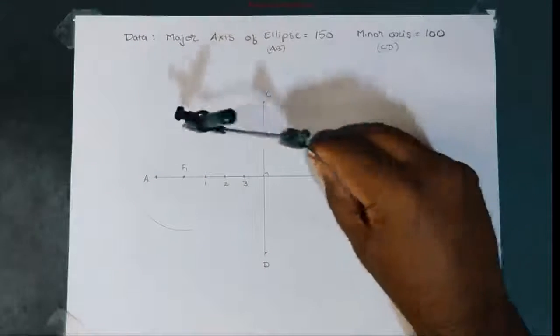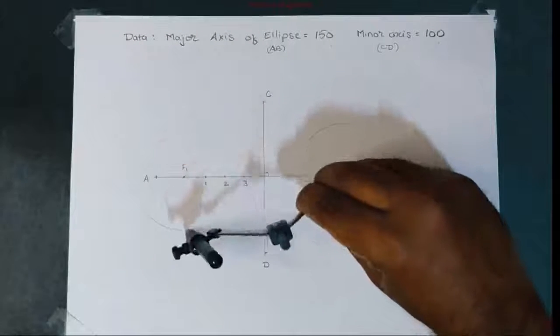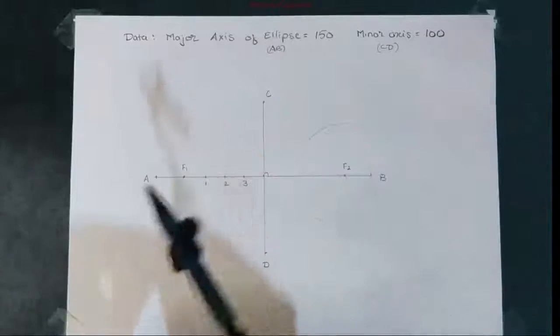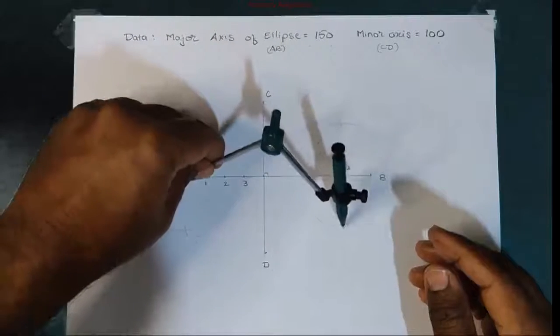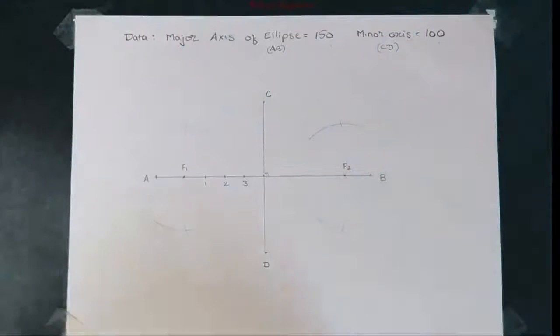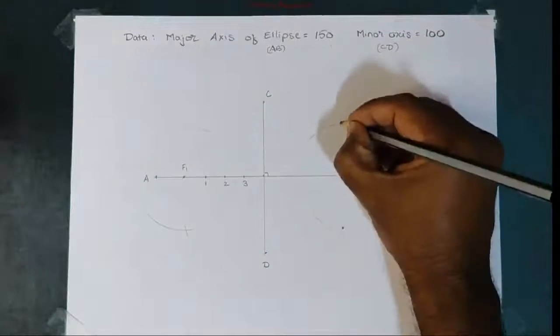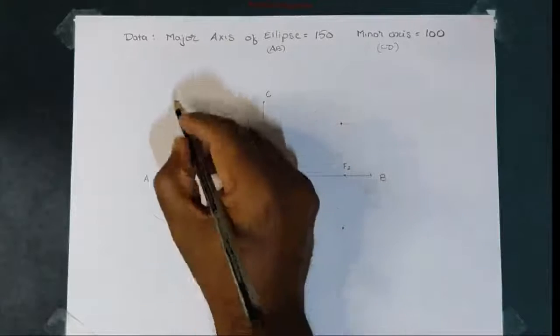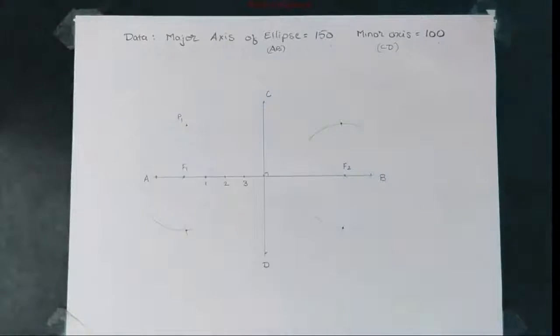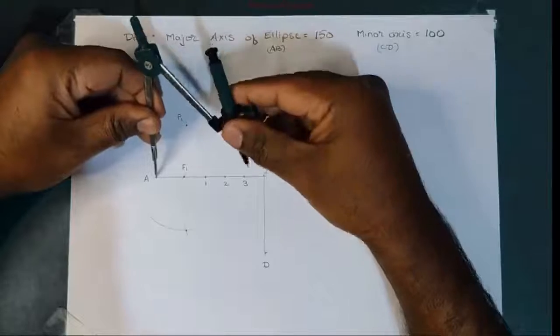And through focus F2 I mark the intersection with the previously drawn arc, and using F1 I draw the intersection with the previously drawn arcs. So I get 4 intersection points that are points on the ellipse. Because I was using point 1 for dividing the major axis, I have named it P1.